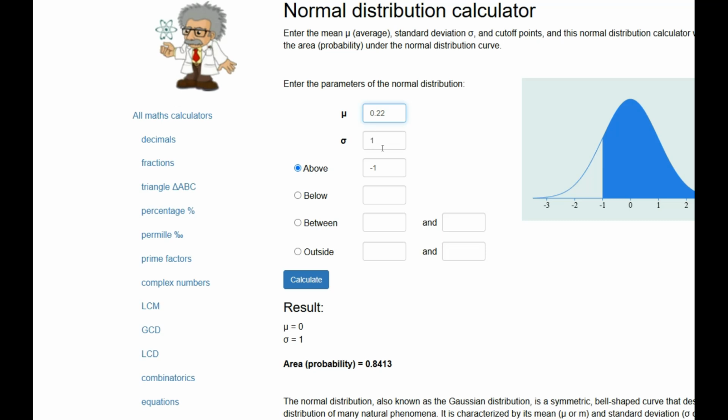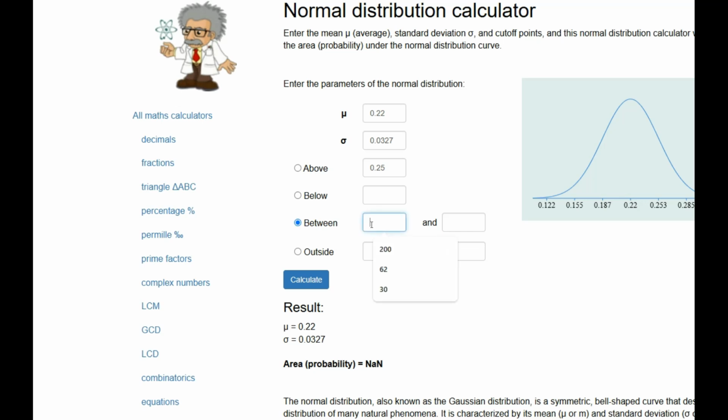The standard deviation is 0.0327. And for the first problem, we want above 0.25. Okay, so the probability that our sample is above 0.25, we can see right here it's 0.18 approximately.